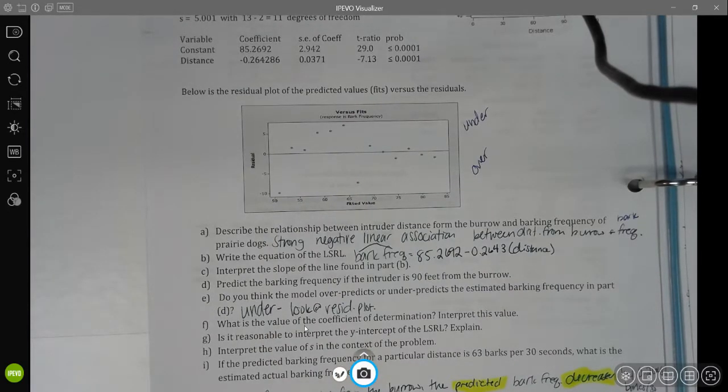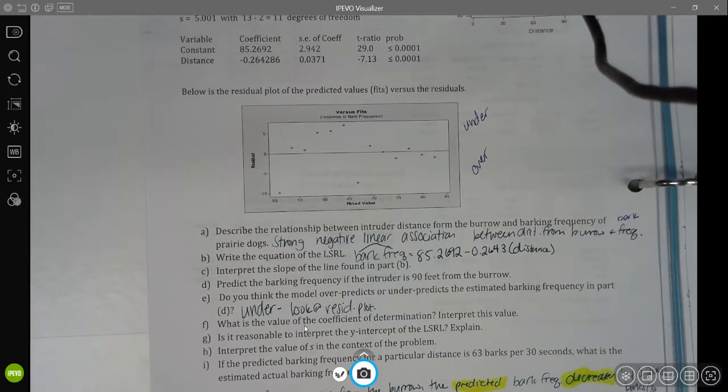All right, so the last one asks, if the predicted barking frequency for a particular distance is 63 barks per 30 seconds, what is the estimated actual barking frequency? So when we're looking here, we are going to estimate, of course, and in this case, we would want to use the residual plot. We're comparing the predicted barking frequency with the actual value.